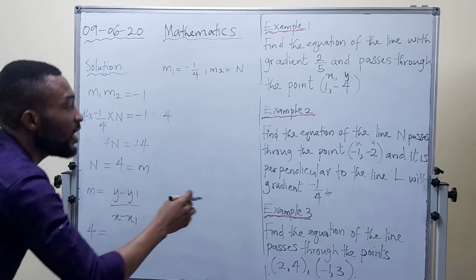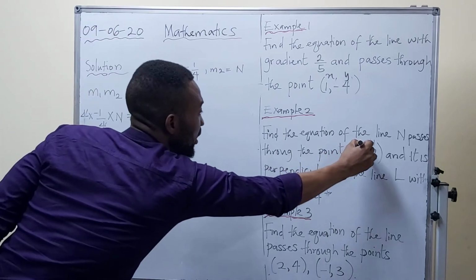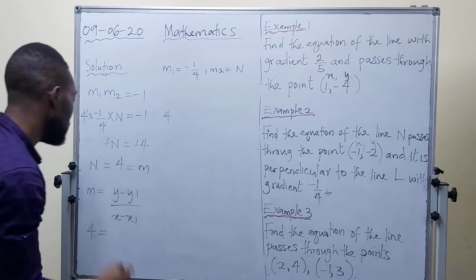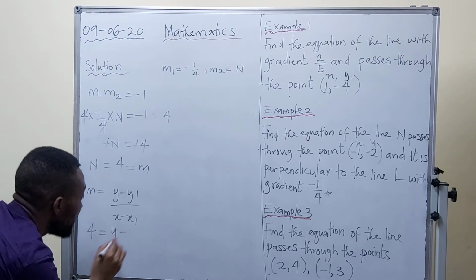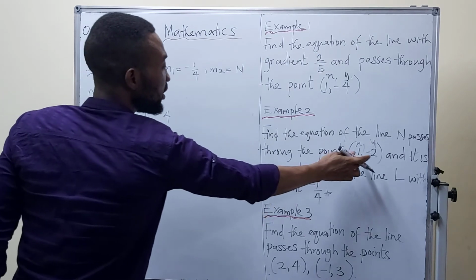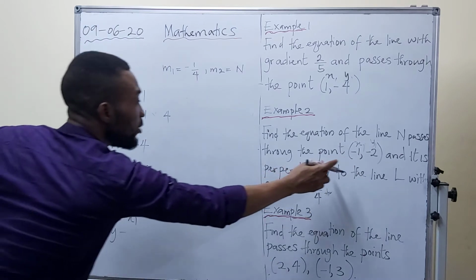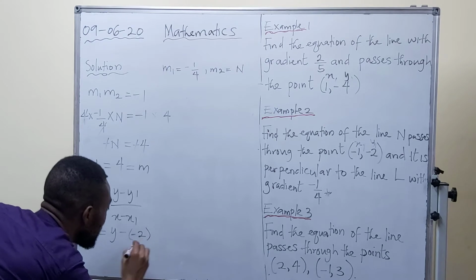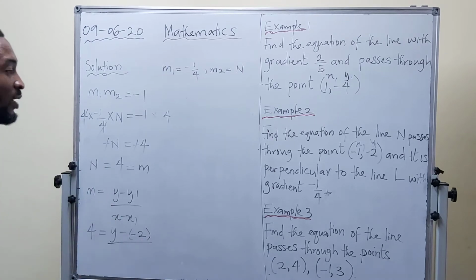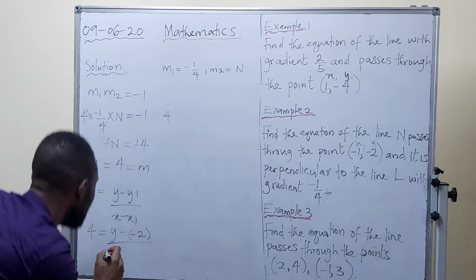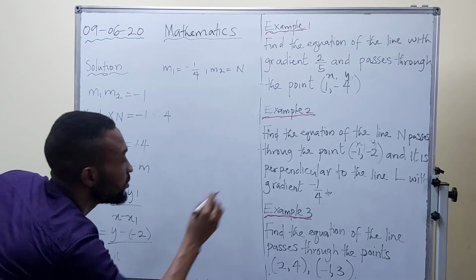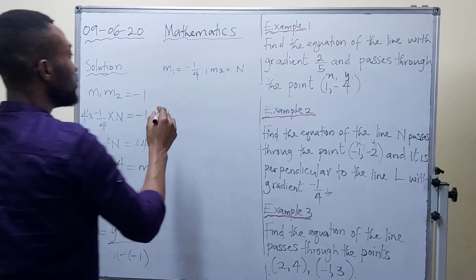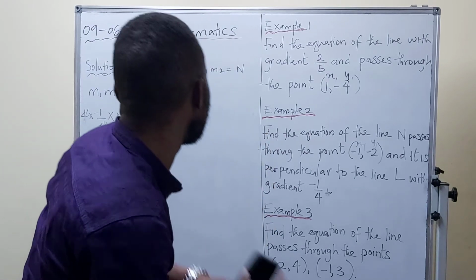Then we have been given x1 and y1. So I have my y minus my y1, which is minus 2, over x minus my x1, which is minus 1. So let me rub this part off.